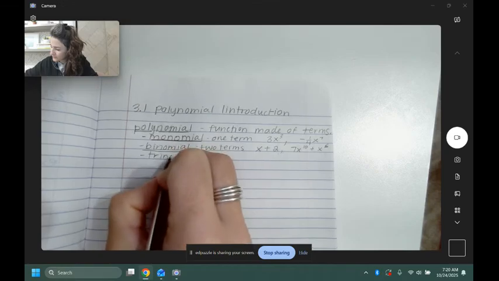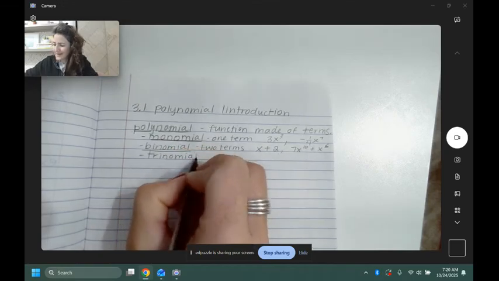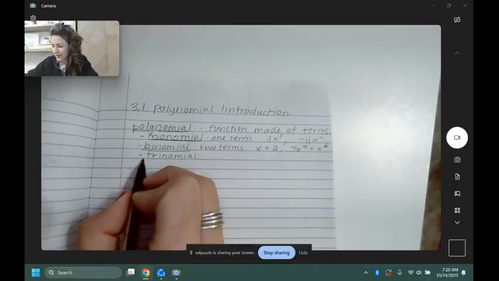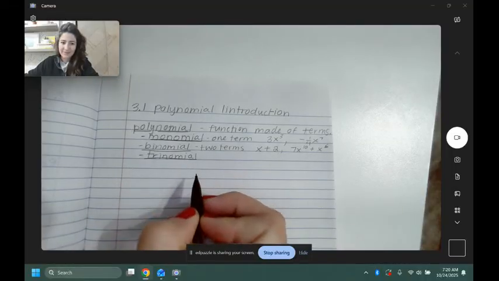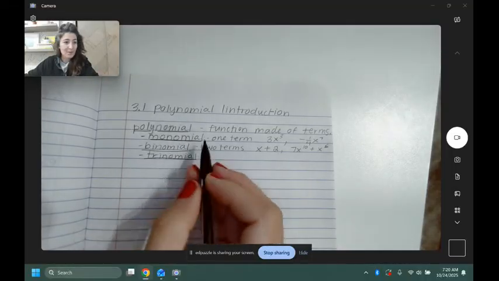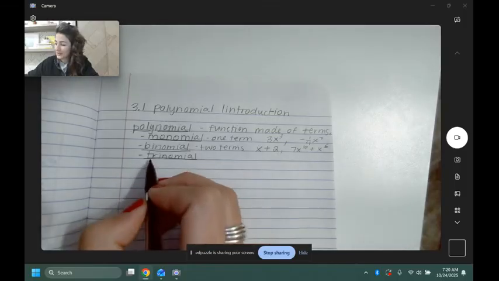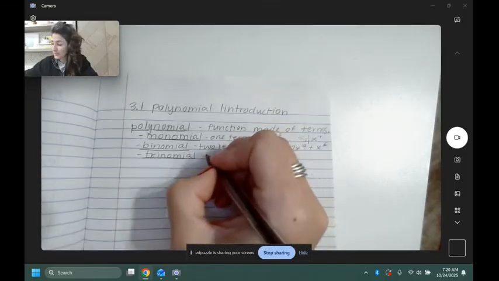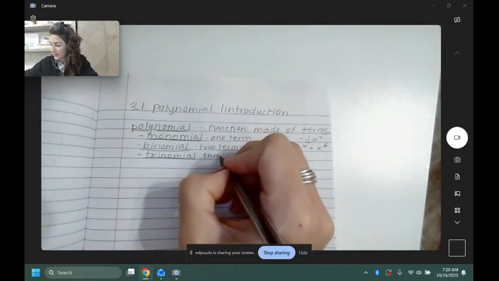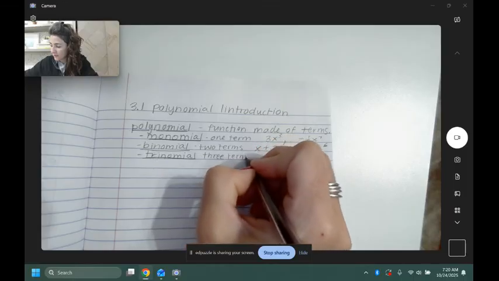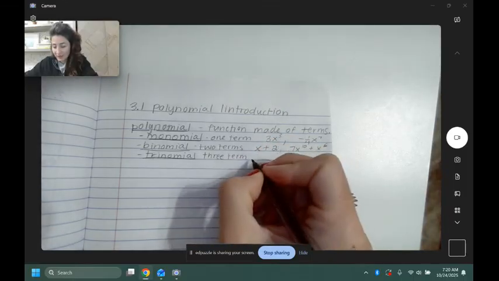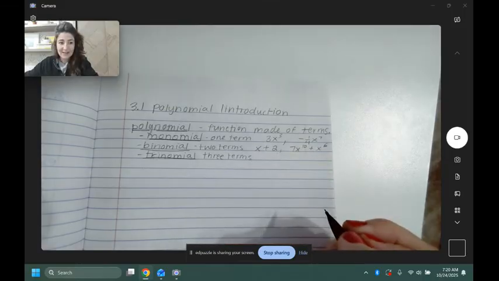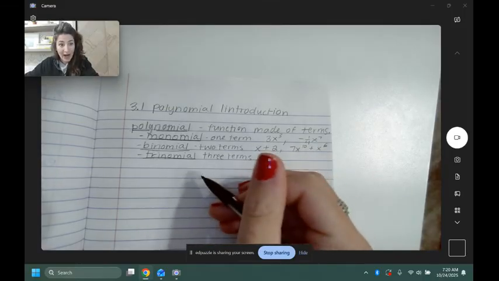Trinomial is the only other one that we're going to name. Beyond trinomial, I just call it a polynomial with 4 terms, a polynomial with 5 terms. But tri meaning 3. Most of the quadratic functions we looked at last unit were trinomials.